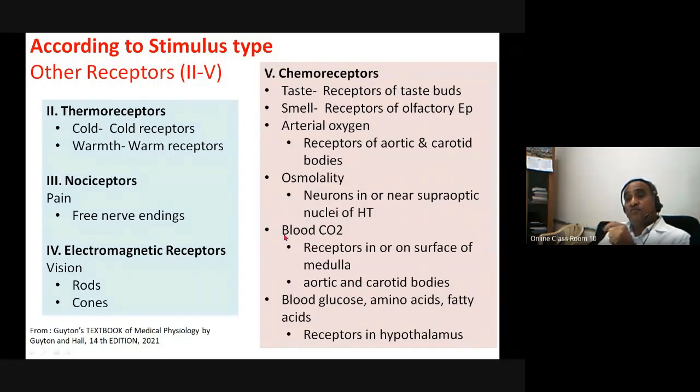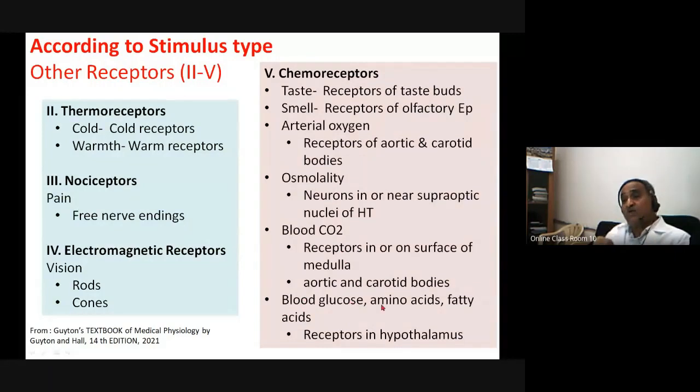And we may also have receptors in the medulla. These are central chemoreceptors or peripheral chemoreceptors. The peripheral chemoreceptors detect blood carbon dioxide level, and the central chemoreceptors detect the H ion concentration.